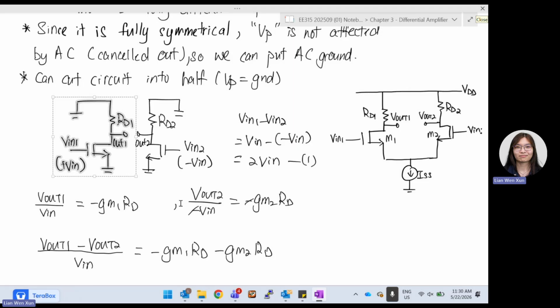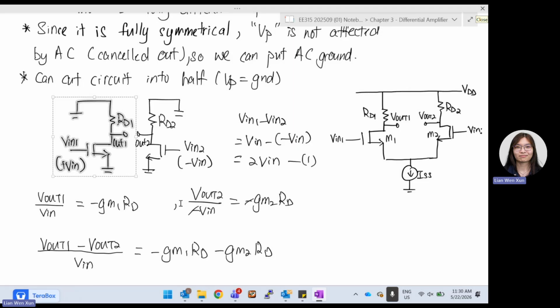By now you should be able to see it directly and answer right away. It's a common source because the source is grounded. Or we can say that the gate is the input and the drain is the output, so the third terminal that is neither input nor output is the common one. So it is a common source.